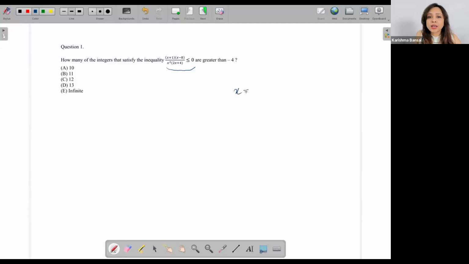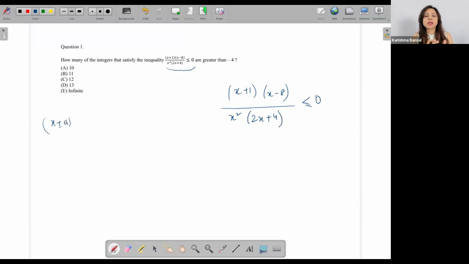All right. So I have an x plus 1. I hope you guys are comfortable with the wavy line method, right? We've discussed it in detail in the content. All right. So this is the inequality that we have. Remember, what do I need for the wavy line? I need the factors to be of the form x plus or minus a, right? So essentially x minus a, or x minus of minus a.